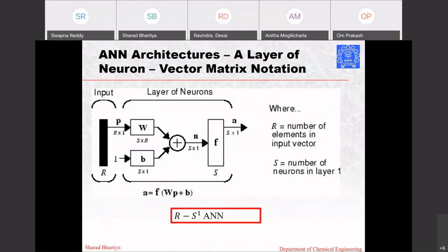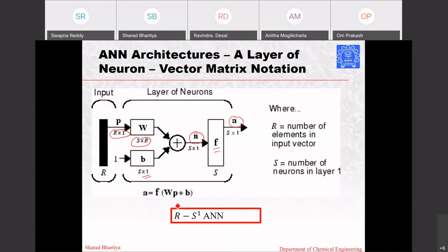Okay, we could also go ahead and write it in a vector matrix notation. And so W is S cross R. The inputs are always going to be a column vector, so it's R cross 1. There are many biases because you had S neurons. Each neuron has a bias, so it is S cross 1. You get the net, and then you get the output. And this is your thresholding function.